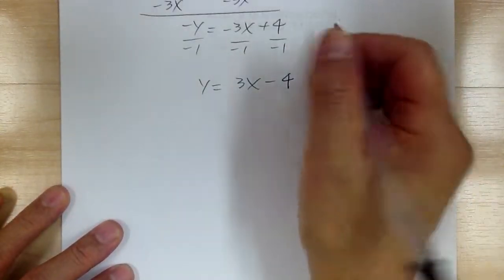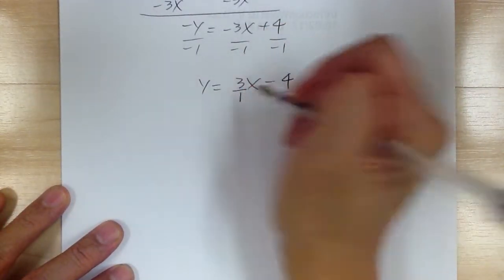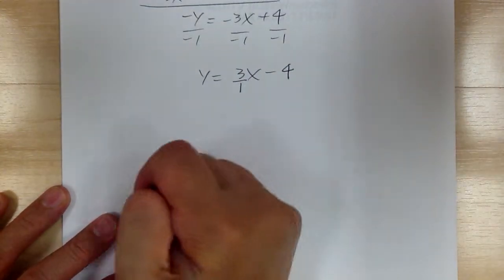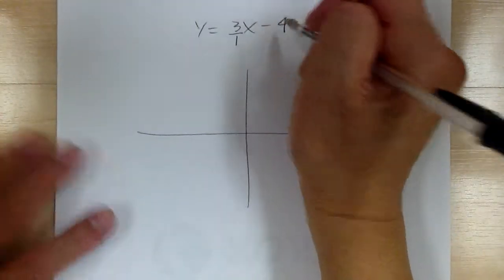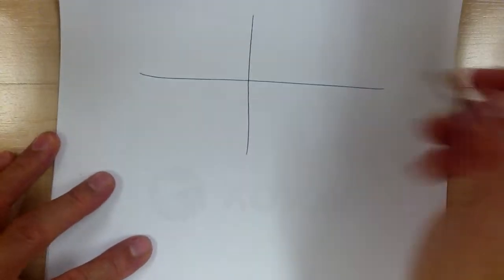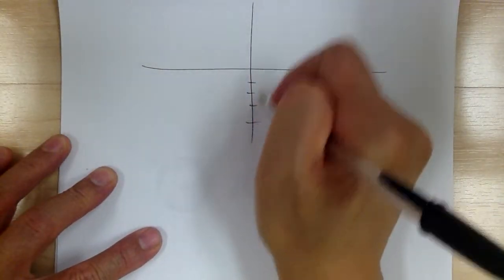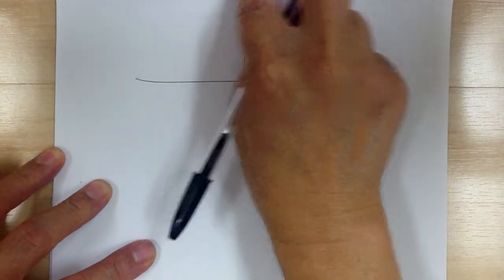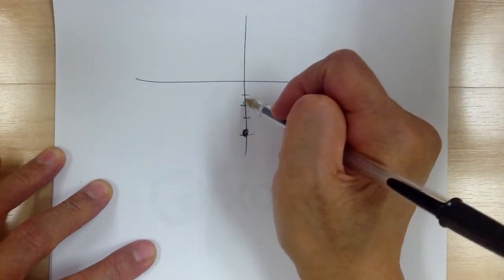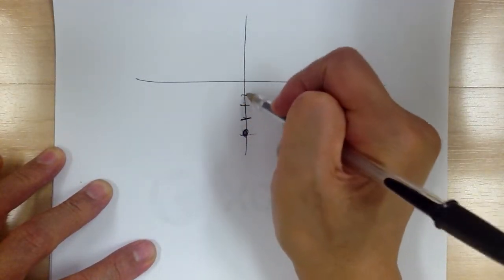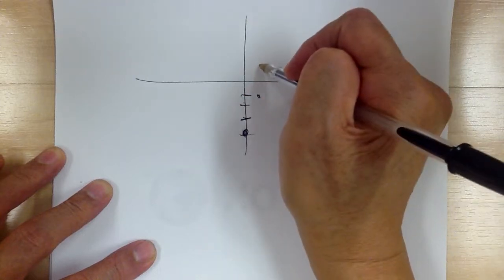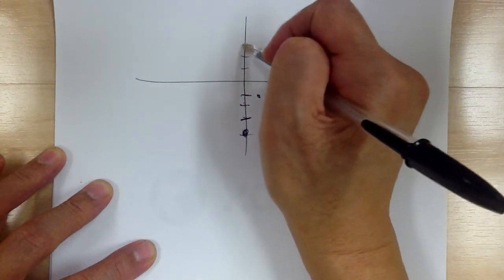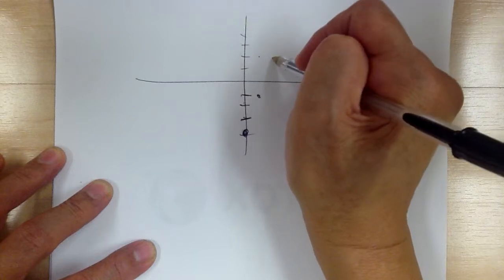So now when you go to graph, you have to put the slope as a fraction. So make it 3 over 1. When you're doing the graphing, the intercept is negative 4, so that's 1, 2, 3, 4, negative 4. So that's your starting point. And that means you have to go up 3 over 1. So you go up 3, go over 1, up 3 over 1.